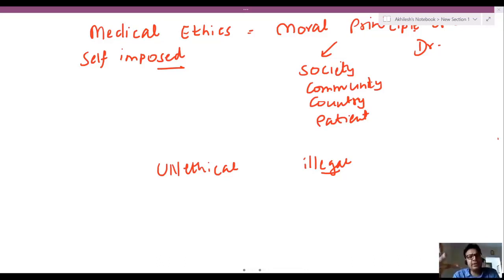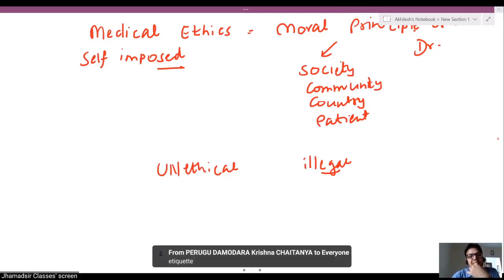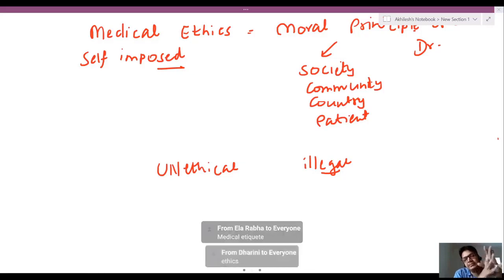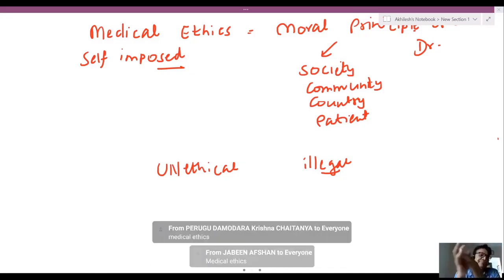Medical professionals should be cooperative to each other. What is this known as? Medical etiquette. Moral principle of a doctor is medical ethics.